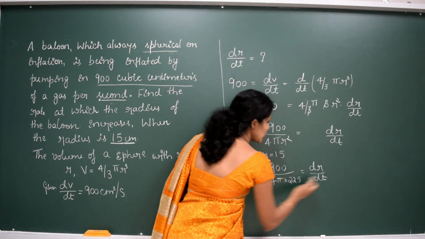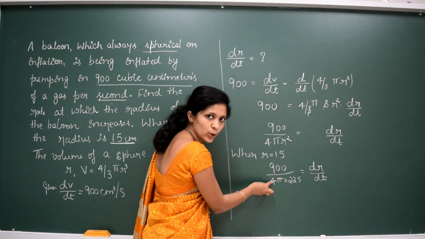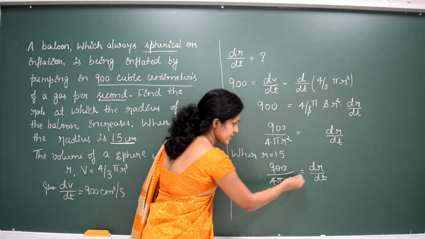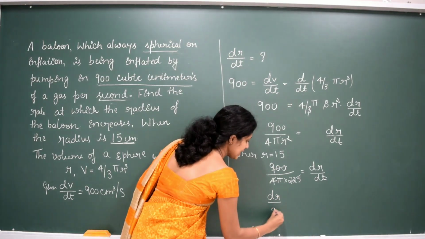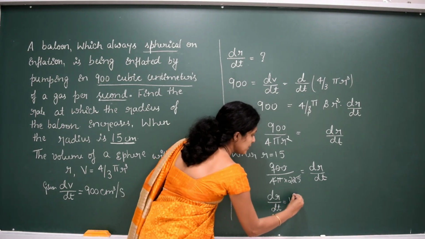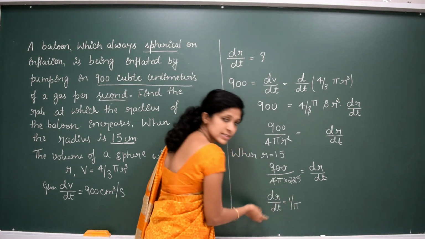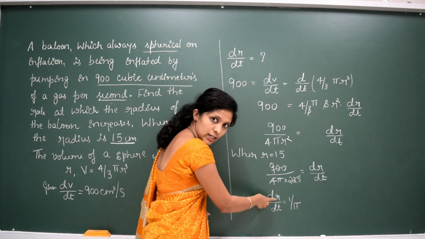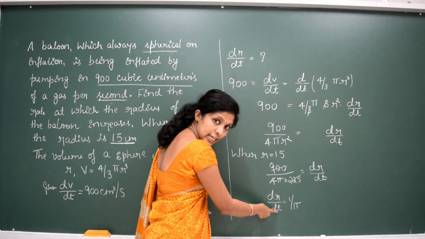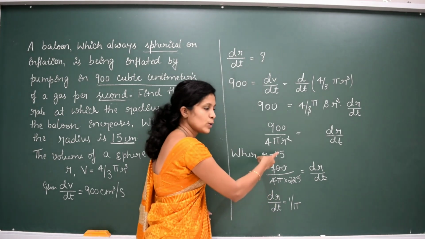So here 225 into 4 will be equal to 900. So both will get cancelled. Is it clear? So by this we got dr by dt is equal to 1 by pi. So this is the rate of the change of a radius of a sphere with respect to the time t when the value of r is equal to 15.